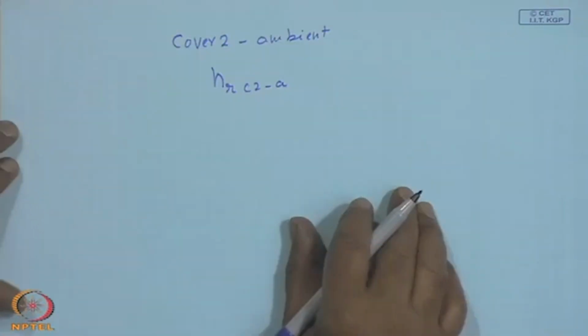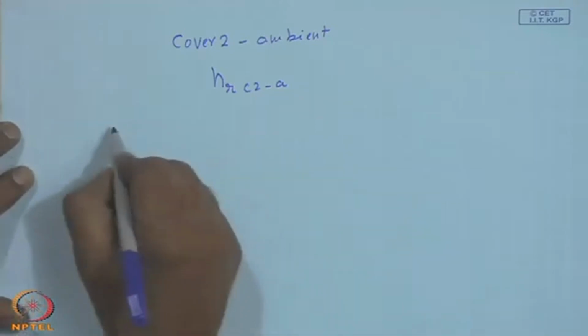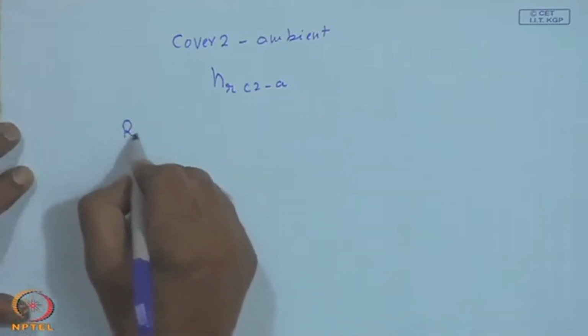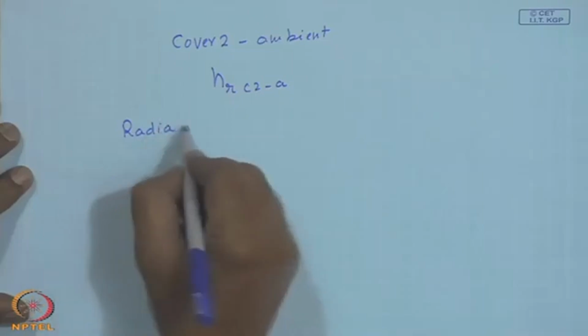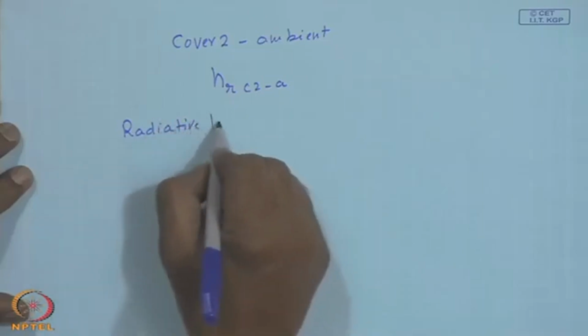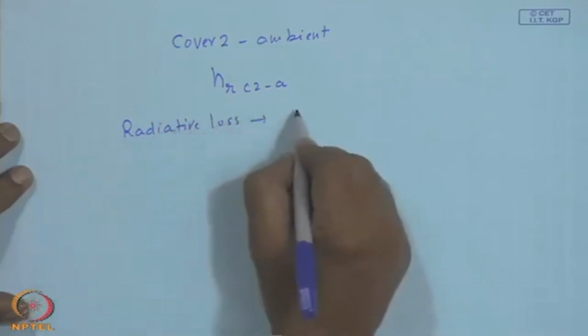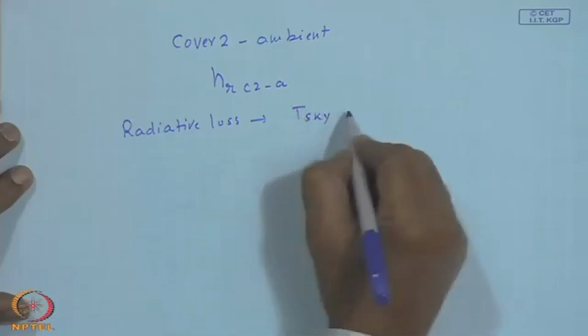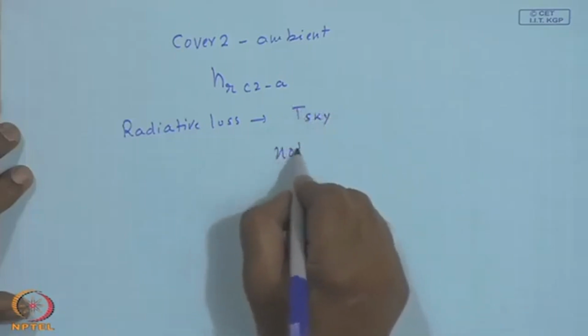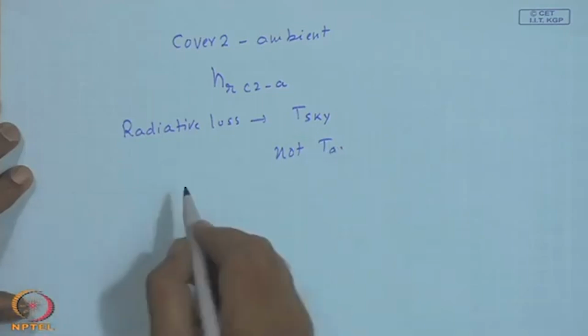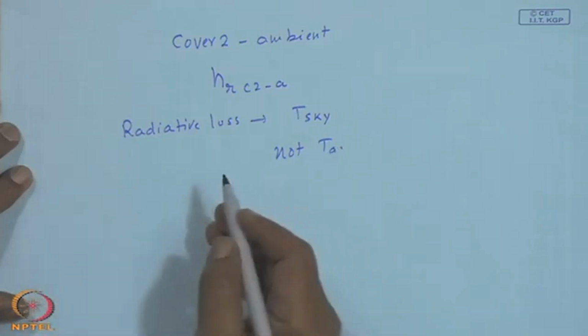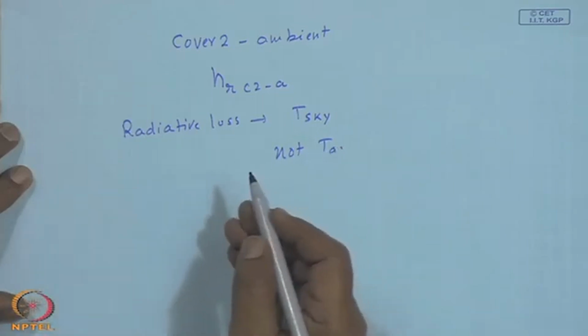Now, we have already expressed that this radiative loss is to T sky and not T ambient. But since everything we want to write as overall loss coefficient multiplied by T p minus T a or T f minus T a or T f I minus T a, we would like to base it with respect to the ambient temperature.